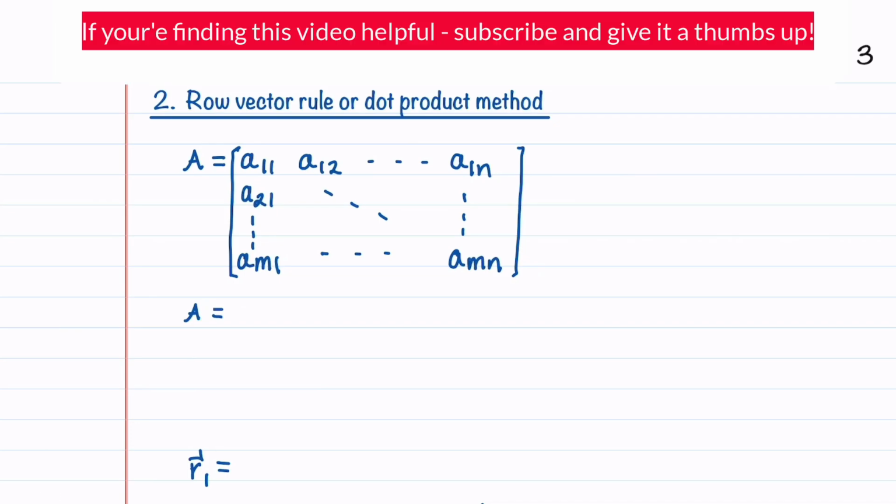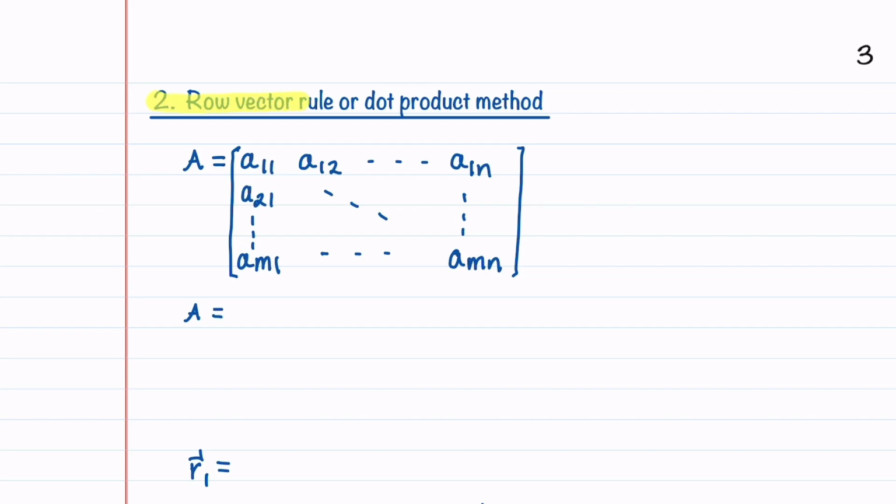The second method that we'll use to multiply a matrix times a vector is called the row vector rule or dot product method. Instead of writing A in terms of its columns, for this method, we're going to write A in terms of its rows. A will be row 1, and then row 2, all the way down to row M, because we have M rows.